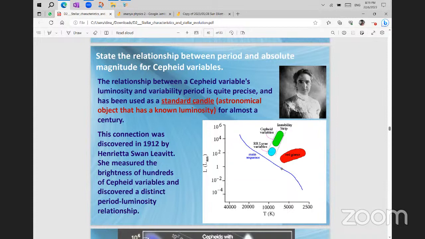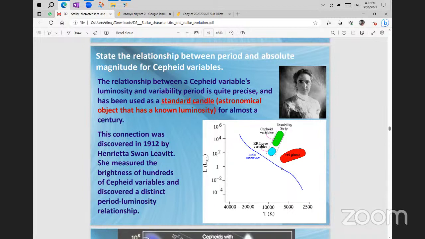A suffix variable, let me state first, is not a variable like a math variable. A suffix variable is a star that varies in its luminosity. A star that glows up and down is a suffix variable star, so to speak.